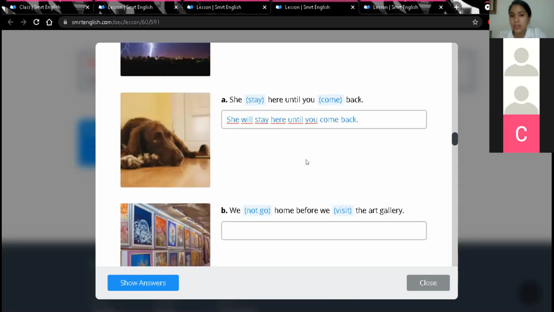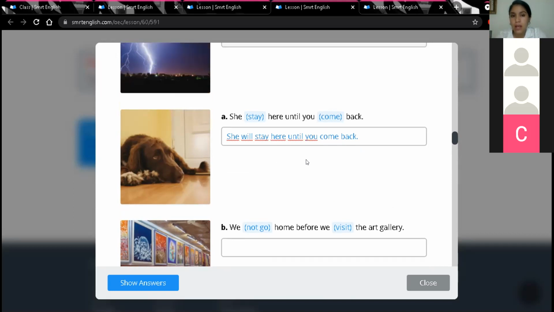Till is a contraction of until. With she'll stay, of course, you can contract both of them. She'll stay here till you come back. Till is a contracted form of until, in speaking, because in writing it's not that common. She'll stay here until you come back.